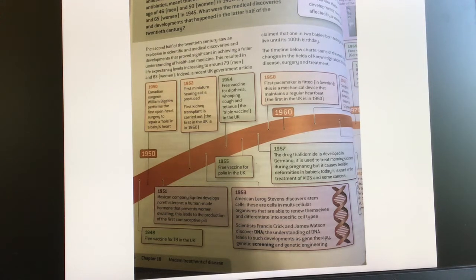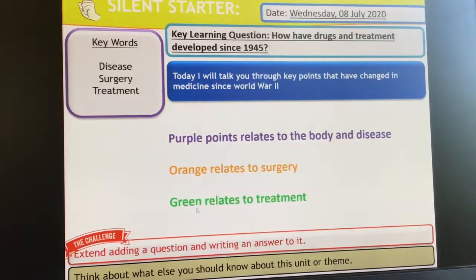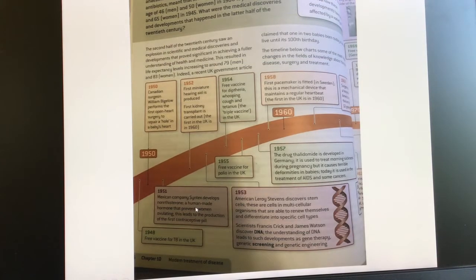But if we take a look at the purple section here, which is an interesting section, this is all relating to people's understanding of the body and disease. First of all, we've got a Mexican company making a hormone to prevent women ovulating. That's the first ever contraceptive pill, which is used today.